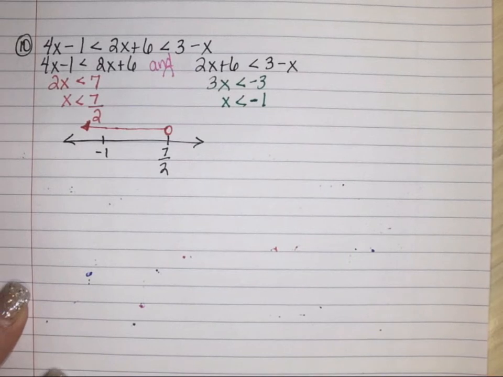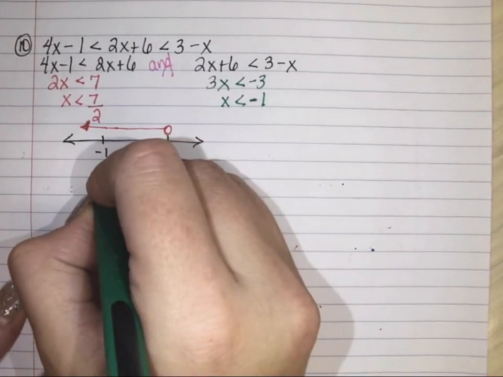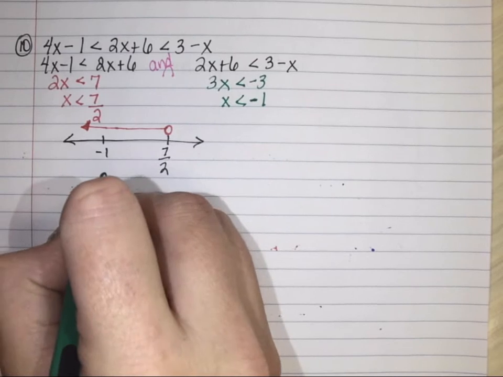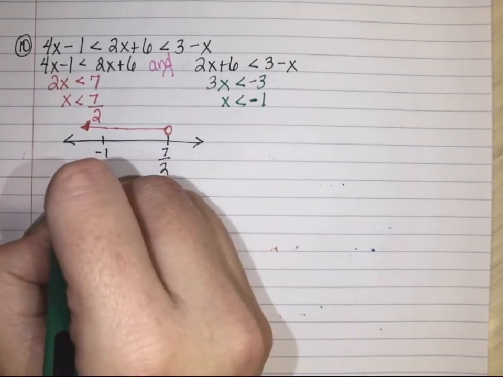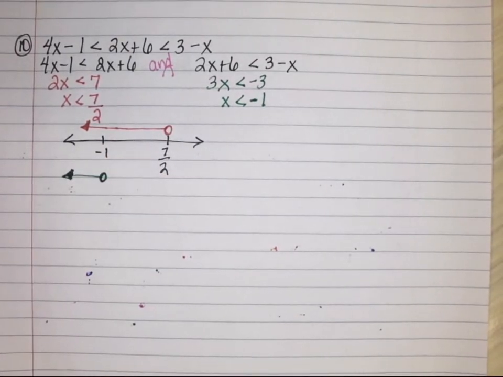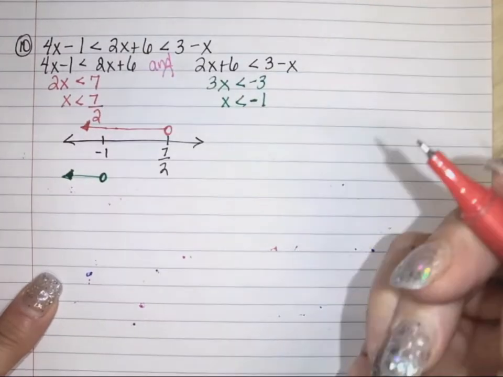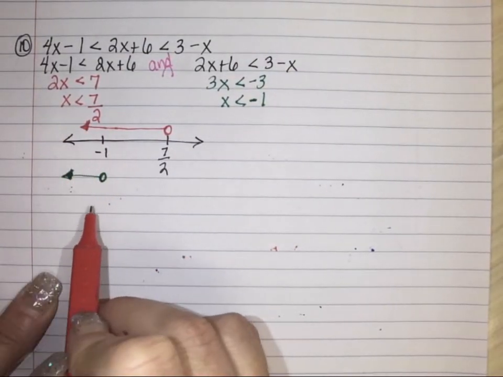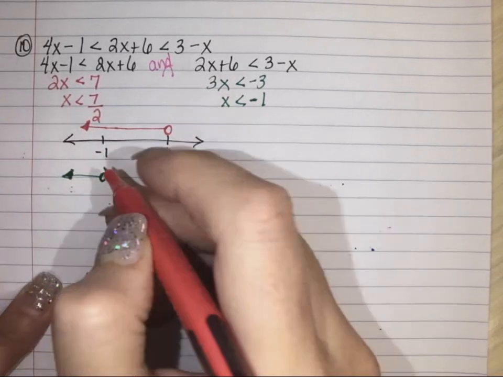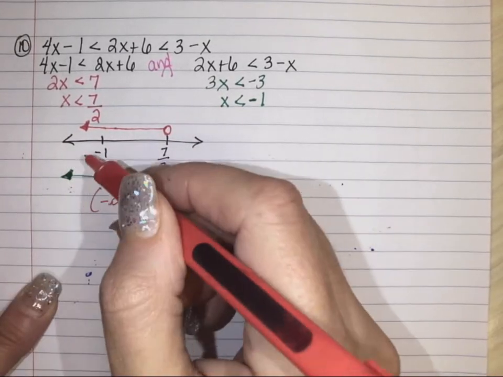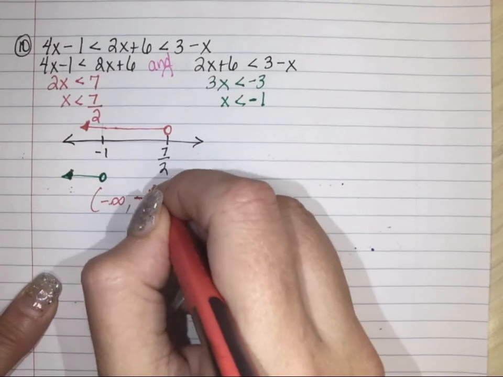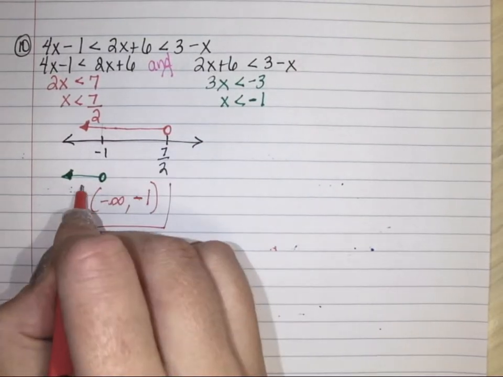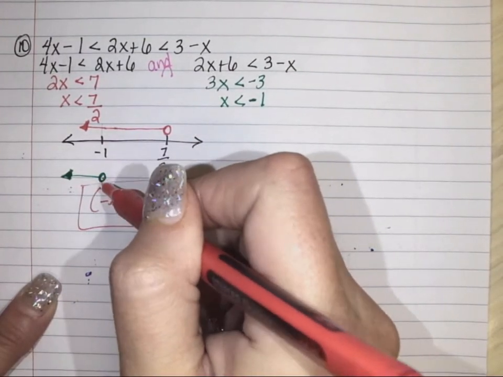Negative 1 gets an open hole as well, and it is shaded to your left also. Trying to find out where they overlap, and the only place they overlap, as you can see, is from negative infinity to negative 1, but you do not include negative 1 because it is open on this solution.